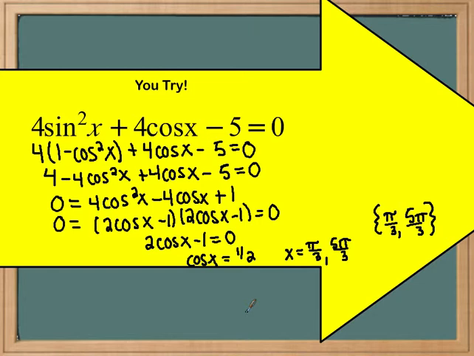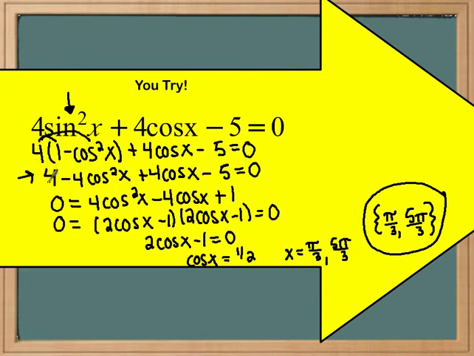Okay, hopefully you had enough time to work this out. The answers are pi over 3 and 5 pi over 3. Taking a look, I substituted for sine squared using the Pythagorean identity. I set it equal to 1 minus cosine squared. I distributed the 4 to get this line right here.